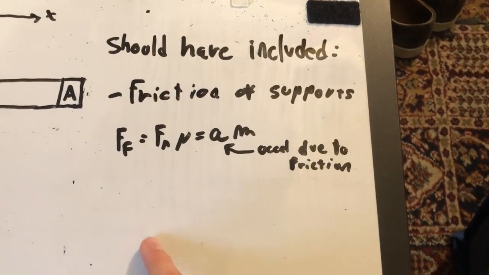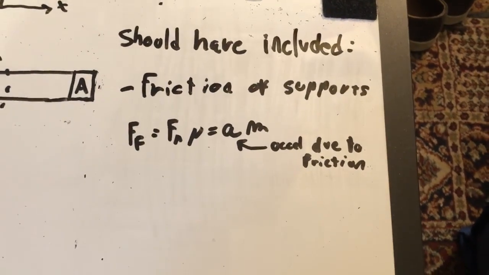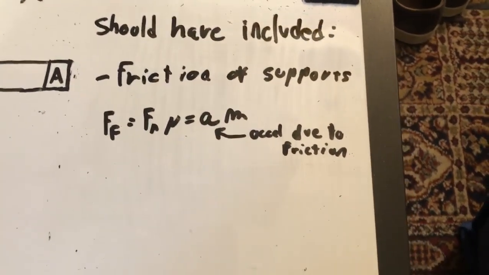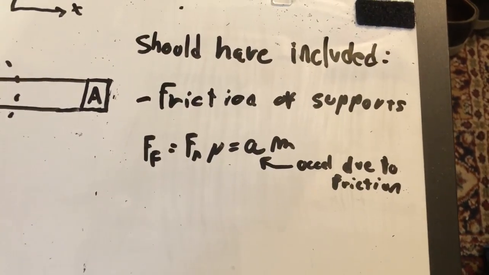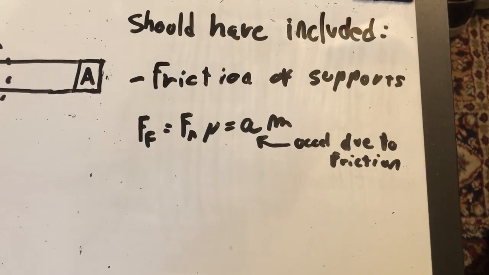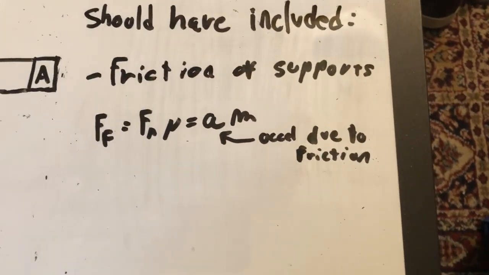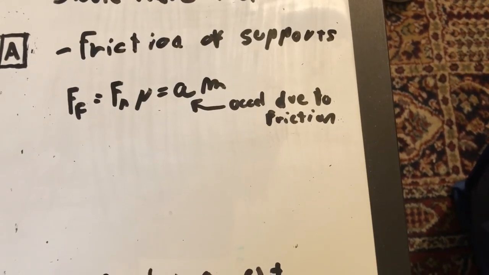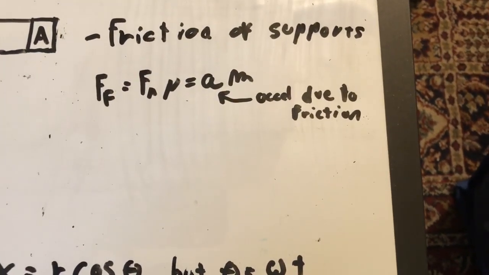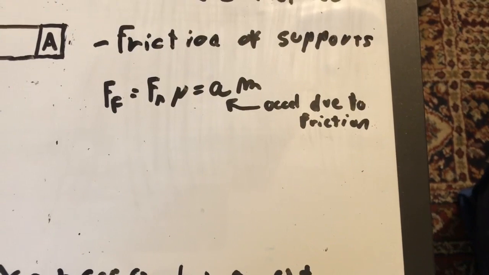In our process to solve for the radius required in order to get an acceleration equal to or greater than 9.8 meters per second squared, we should have included the friction of the supports in our force analysis of solving for the acceleration.